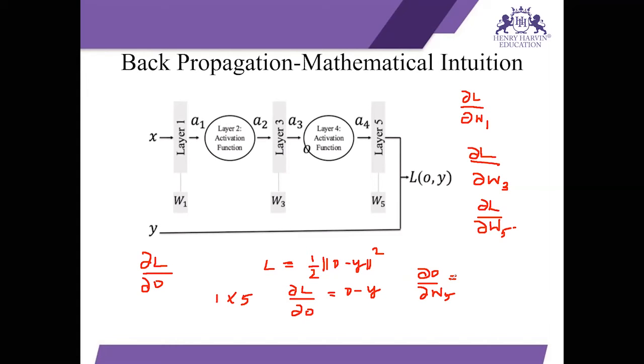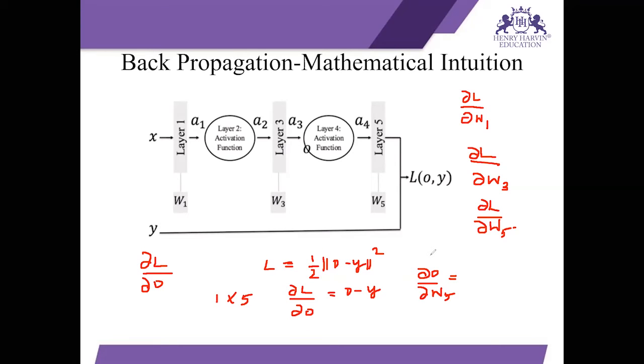Here the numerator and the denominator are both vectors, so we can get a Jacobian. One thing we should always remember is that all the functions here, all the k's, g's, and j, are differentiable with respect to A4 and W5. A4 is the input and W5 is the weight.